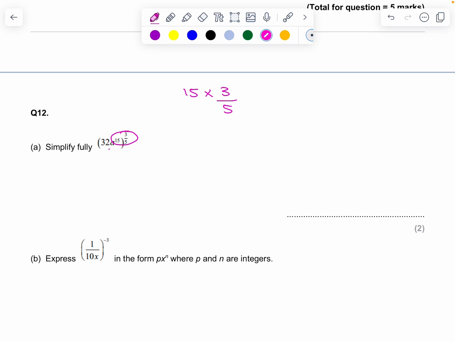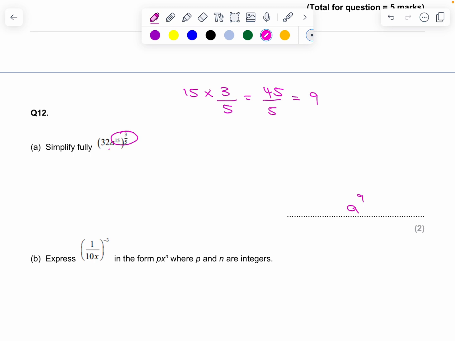You can do this in your calculator if you really don't feel confident multiplying fractions. But it's simply 15 times 3, which is 45, over 5, which is 9. Okay, so we know that it's got to be a to the power of 9. You got 1 mark for putting a to the power of 9.